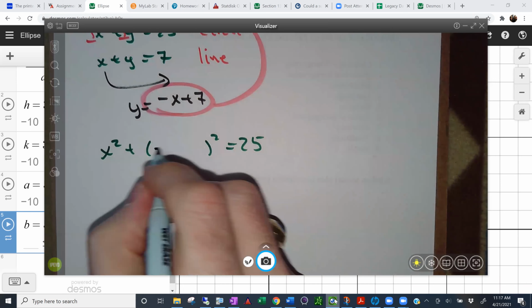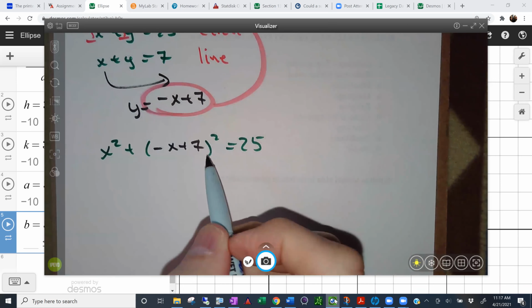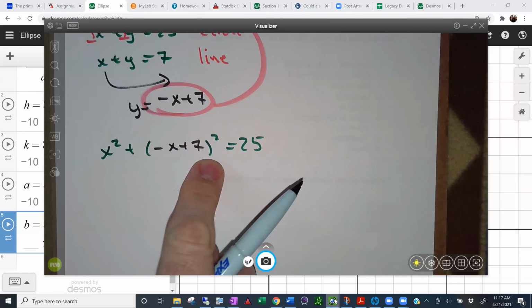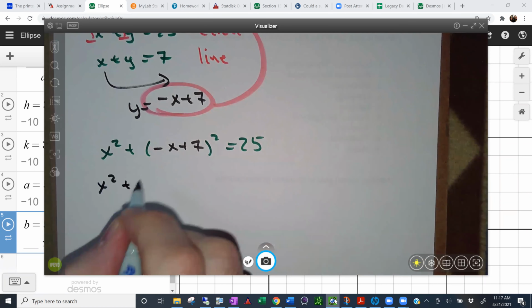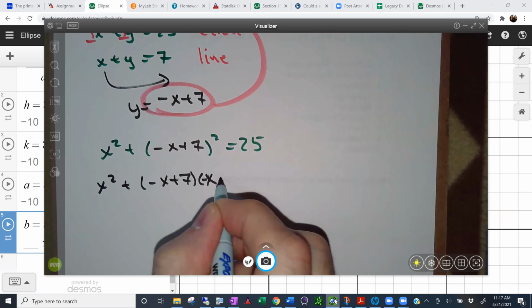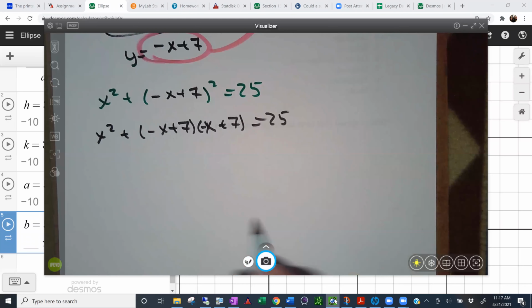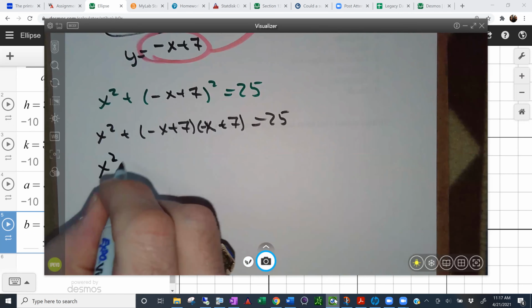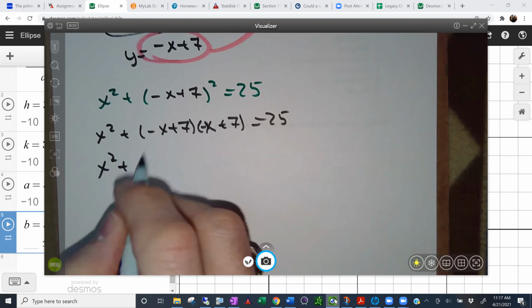The tricky part here is squaring this out. You can't just get x squared plus 49. That doesn't work. What you have to do is be patient and FOIL it out. Minus x plus 7. So it's x squared plus negative x times negative x gives me what?